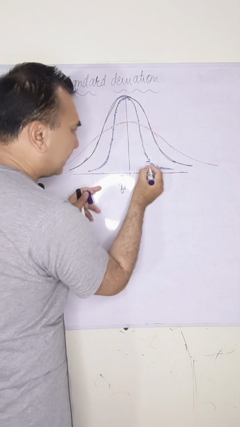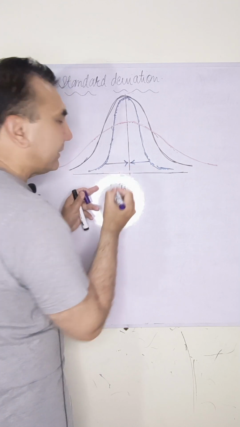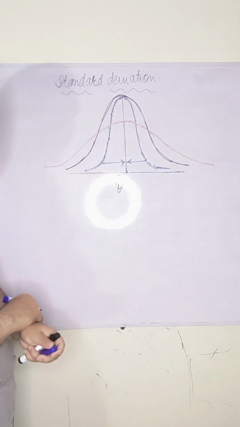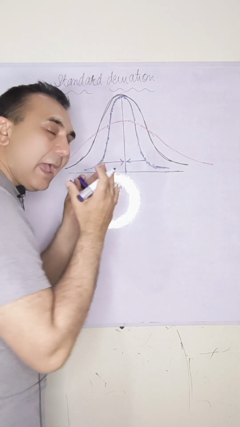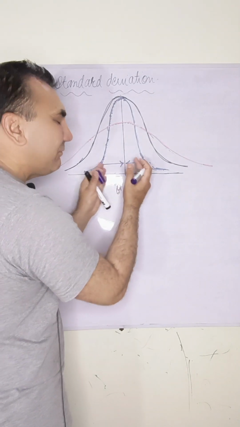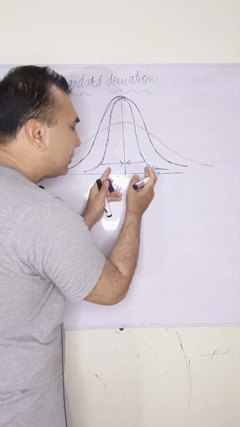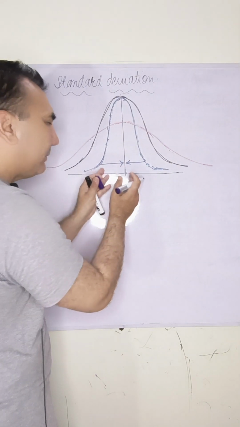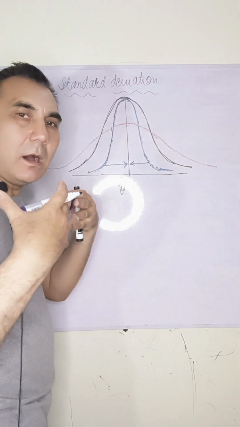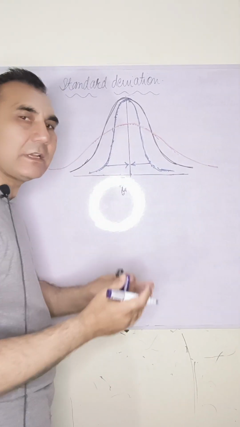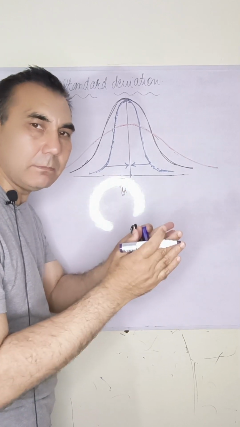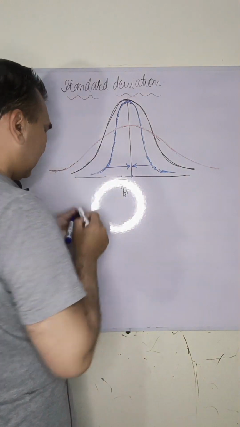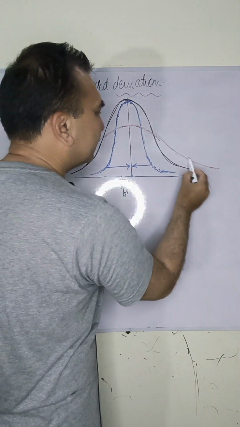If the variability of a data set is very near the mean, it means the dispersion or the variability in that particular data set is very less, or minimum.